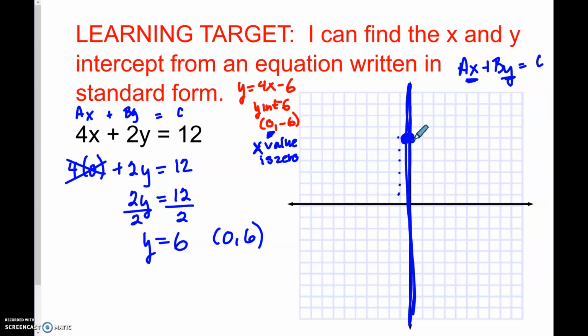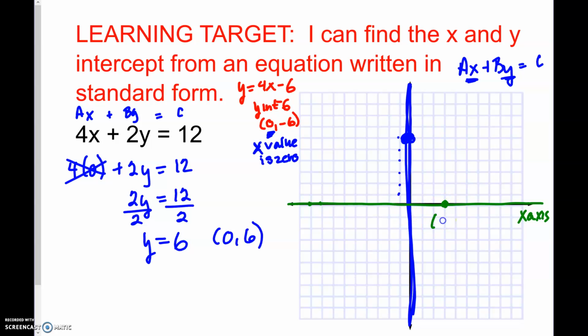Okay, now let's think about this. If I am going to put something on here, on this x-axis, the green line, any point on that x-axis, what is the y value? So any point that is on this green line, like let's just pick this point right here, I'll erase it.